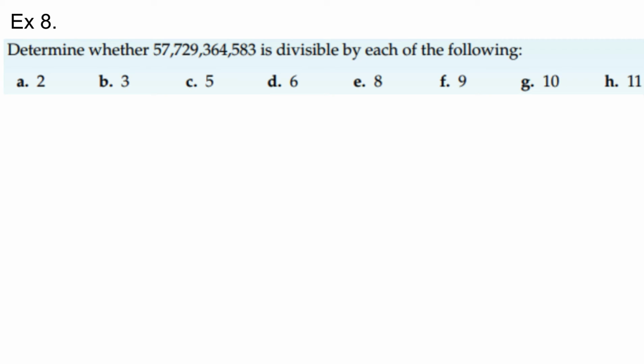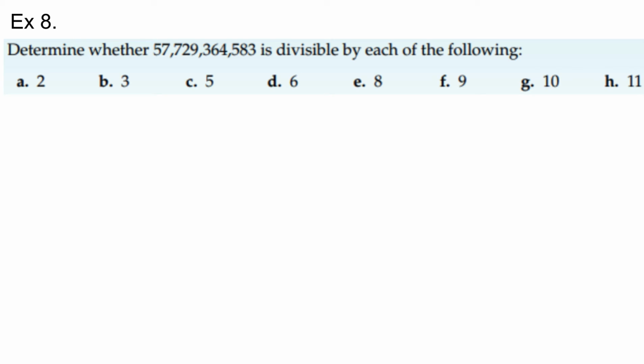Then you can determine whether this really big number is divisible by each of those. So pause the video again and think about all the divisibility tests for each of these numbers. Okay, let me copy that down: 7, 2, 9, 3, 6, 4, 5, 8, 3. We're gonna do the test for all of these numbers.